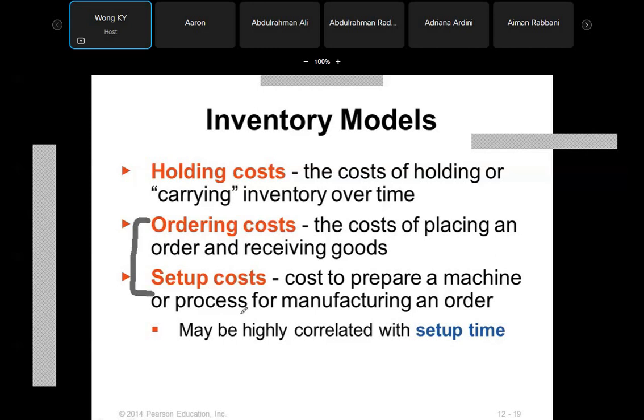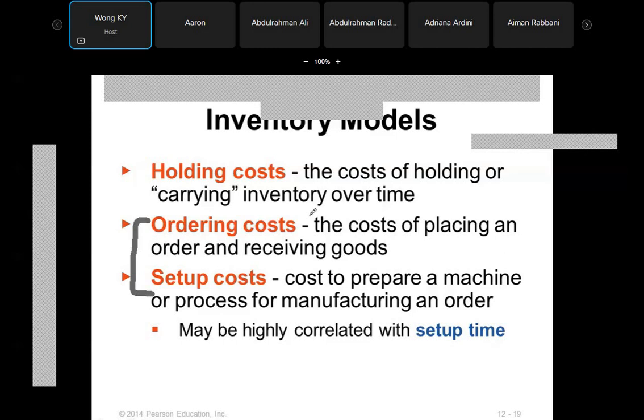Okay, but most of the companies do not do that. Most companies prefer to buy the raw material from a supplier. So if the company purchases the raw material from a supplier, then ordering cost will become relevant. It all depends on the actual operation of the company. So it's either setup cost or ordering cost, either one.